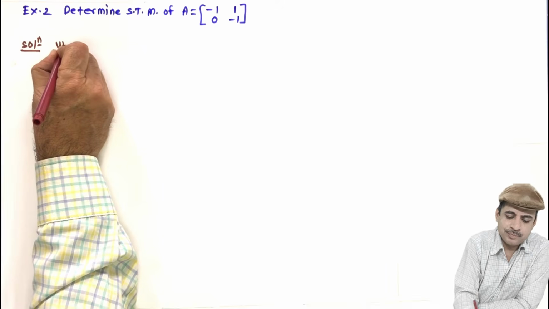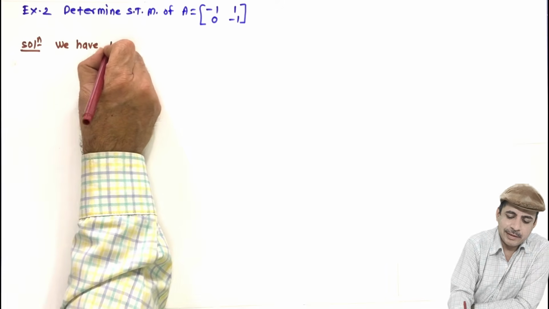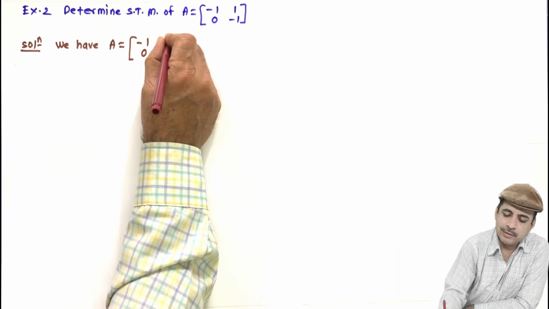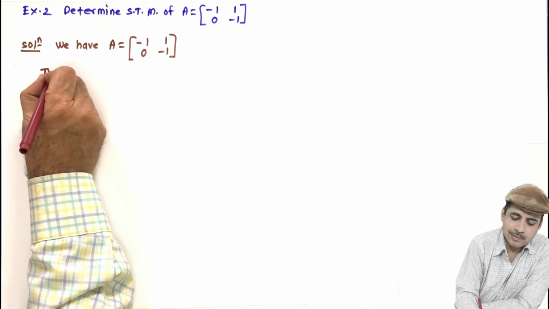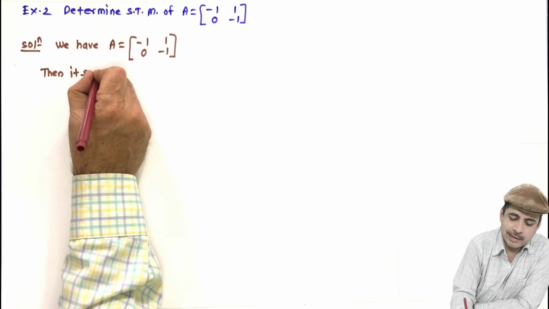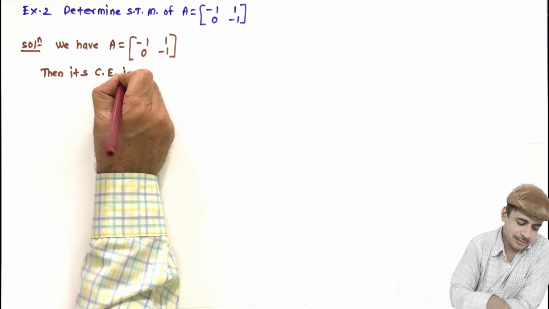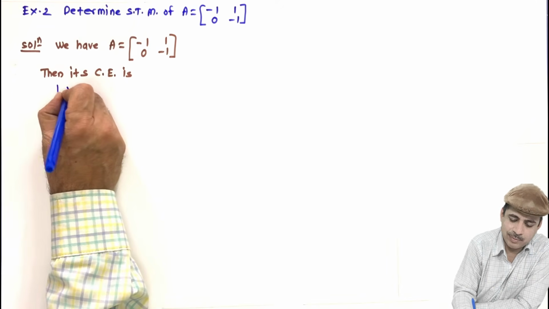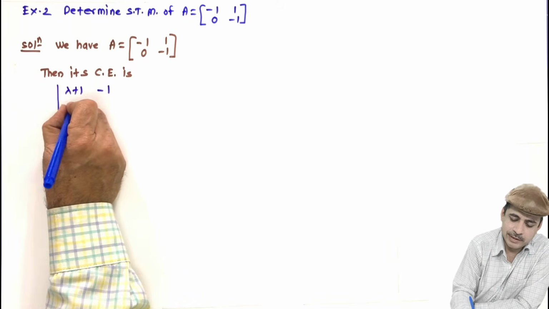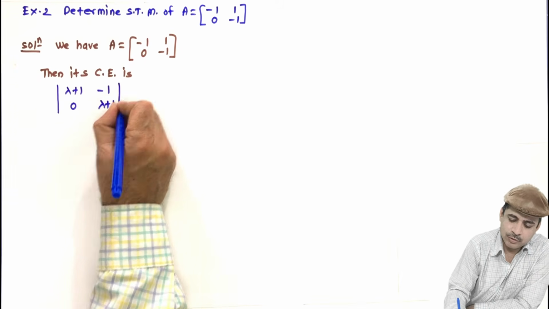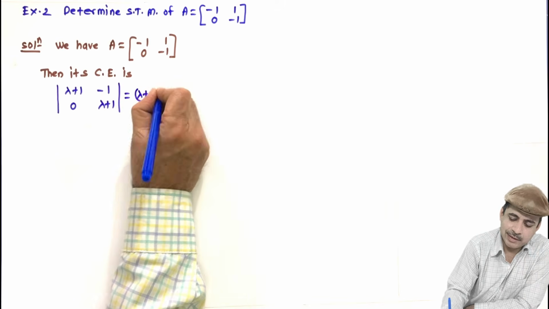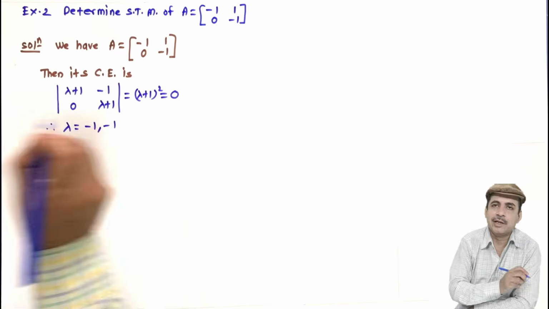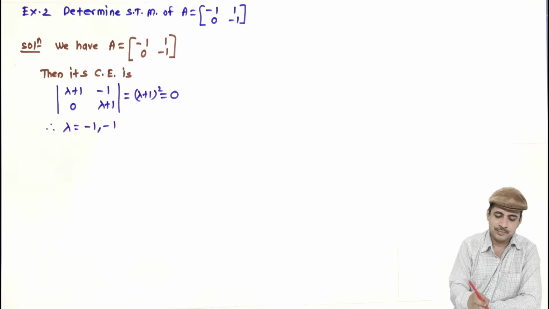Here we have A is equal to minus 1 1 0 minus 1, then its characteristic equation is lambda I minus A. So this will be lambda plus 1, minus 1, 0, lambda plus 1. So that is equal to lambda plus 1 squared equal to 0. So lambda equal to minus 1, minus 1. So it's a repeated root case.